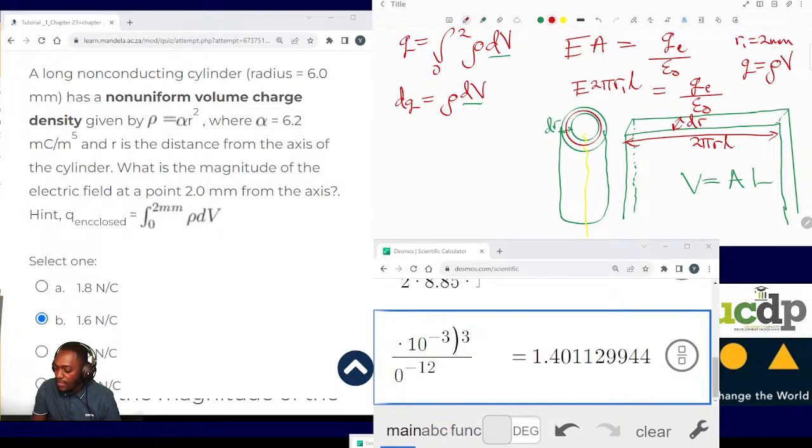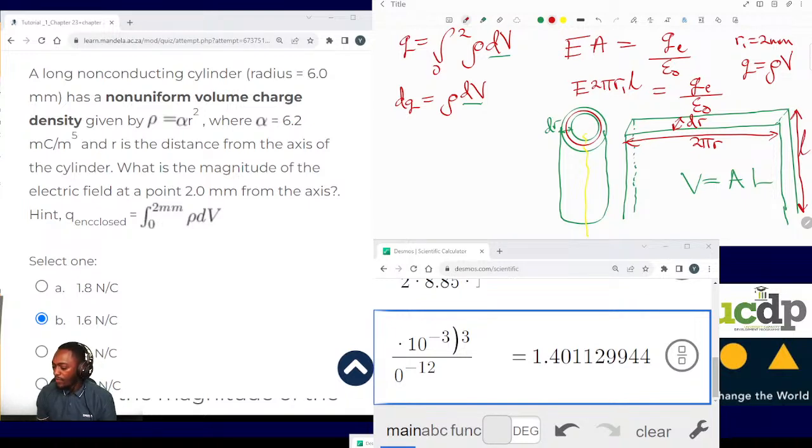The circumference is 2 pi R, right? And this edge going down is your length.